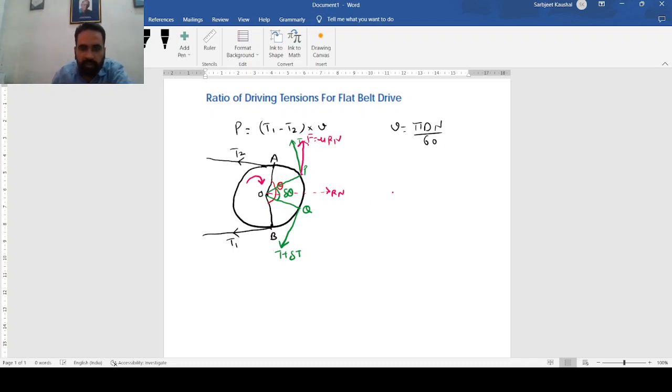Further, for the simplification point of view, we divide this triangle like this.